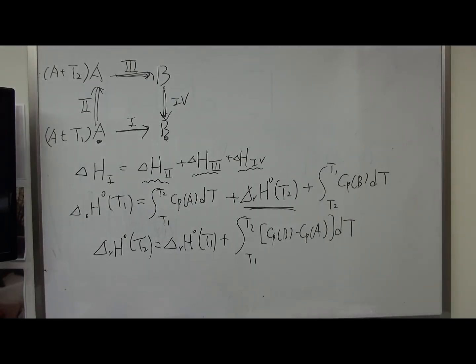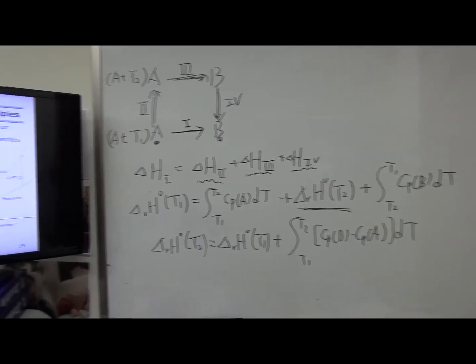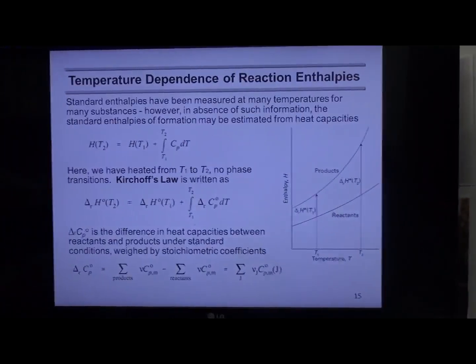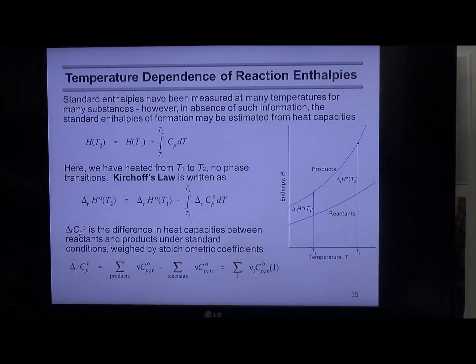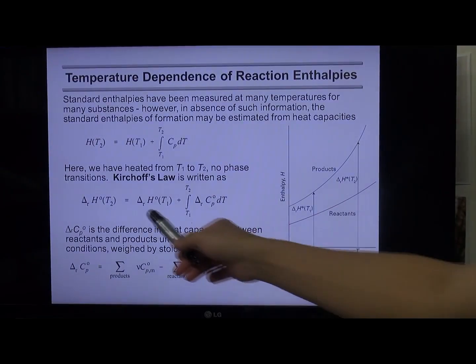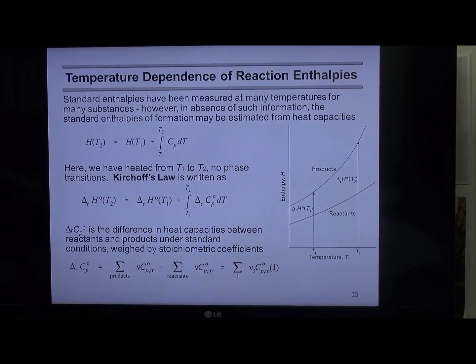That's all. As you see in this slide, this derivation actually is the same as this one. Simple.